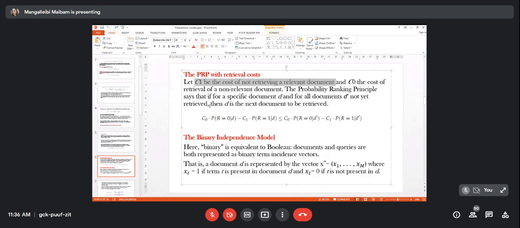Then PRP says that for a specific document d and for all documents d' not yet retrieved, where d' means a document not yet retrieved.